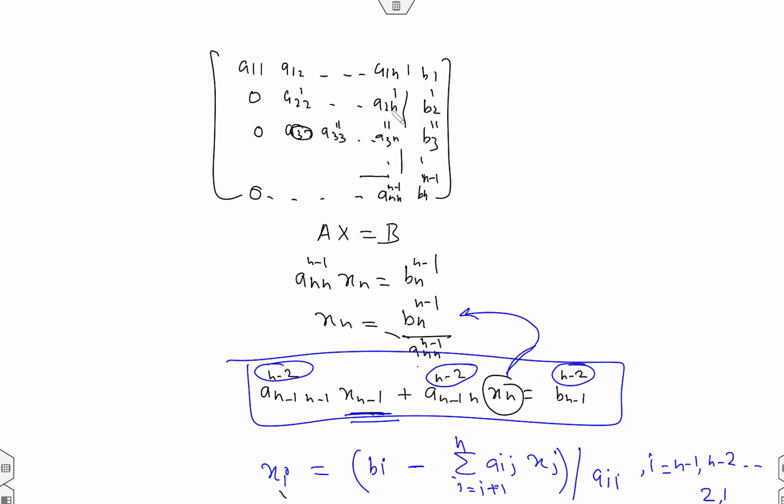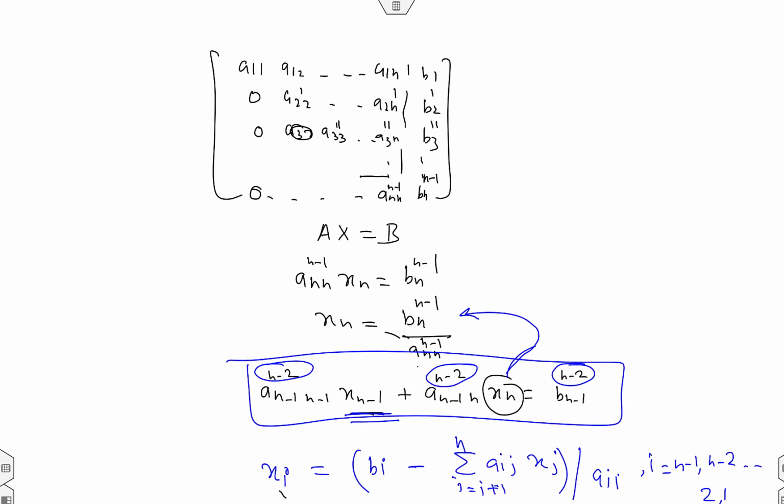After that we can discuss this method with the help of one example. Let us suppose you have to compute the solution of a system with the help of the Gauss elimination method, and the problem given is x1 plus 4x2 minus x3.